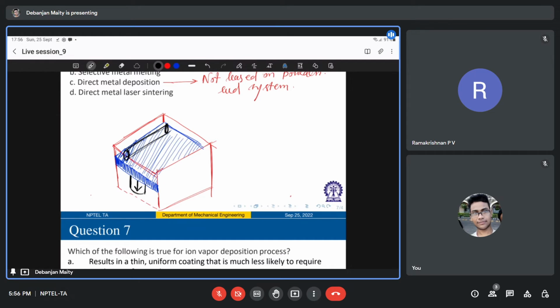there can be some kind of laser system. So you can have lenses, and then you can have some kind of mirror through which ultimately it is getting scanned, right?